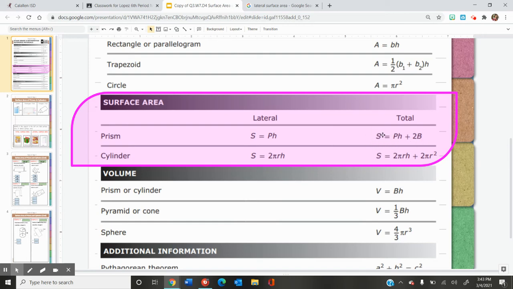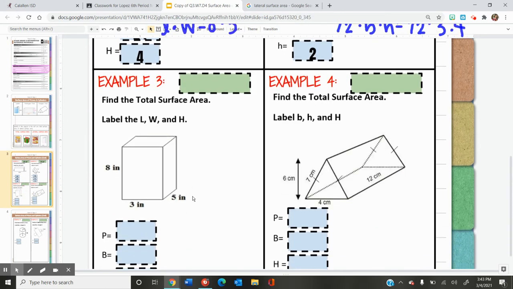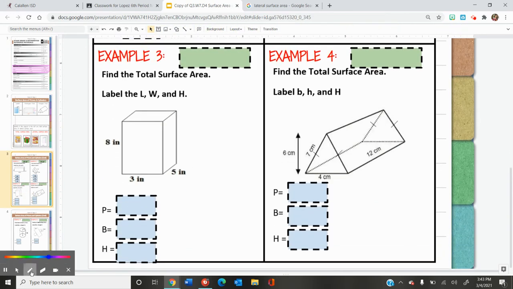Now this stands for surface area equals P, the perimeter of my base, times H, the height of my prism, so the distance between my base shapes, plus 2 times big B, which is the area of my base. So on example 3, the formula for total surface area is S equals pH plus 2B.